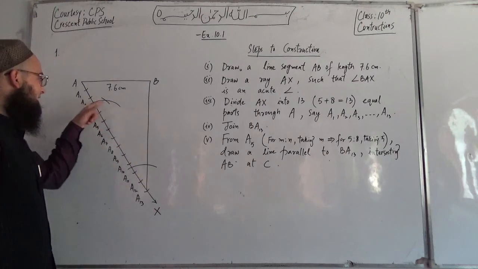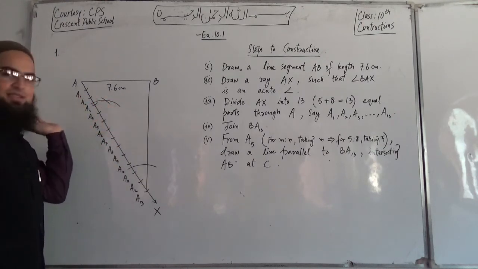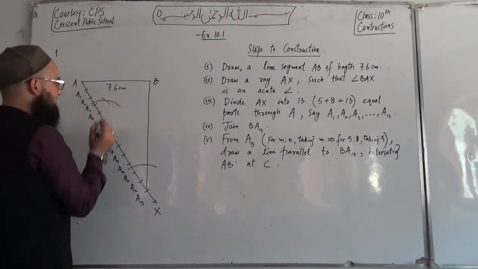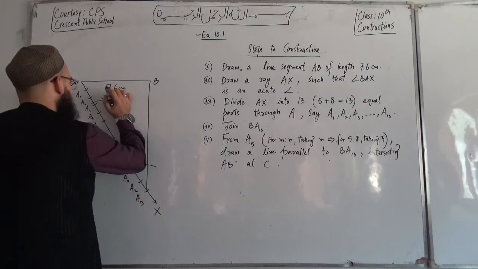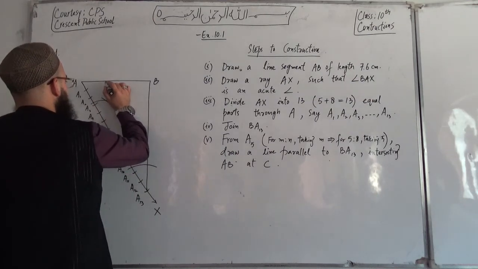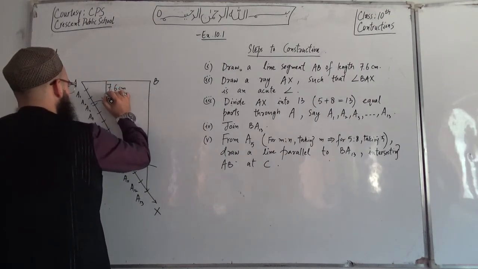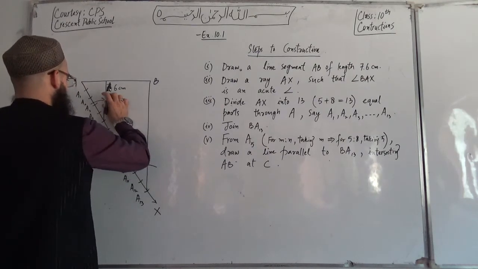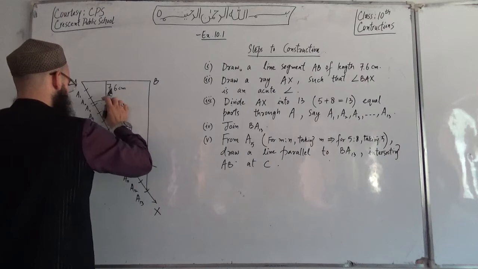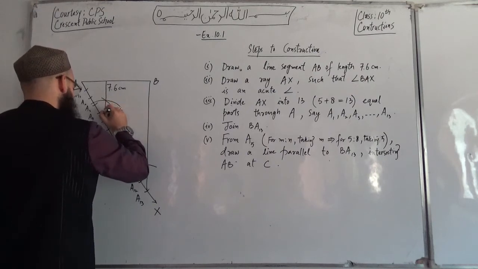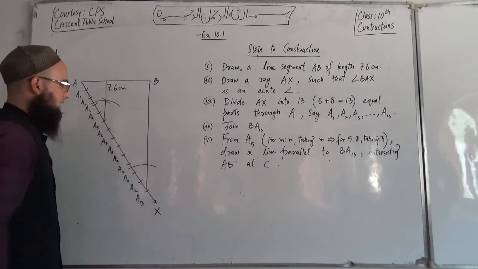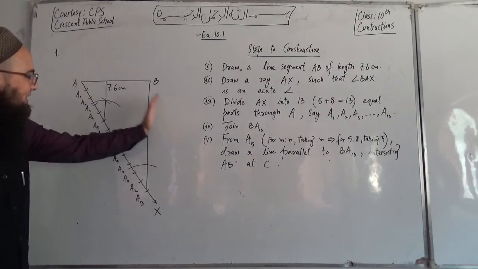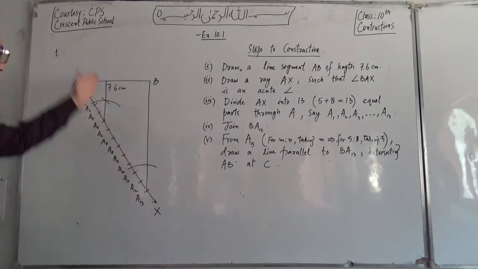Draw another arc intersecting the previous arc at some other point. Then join A5 and this point, just like this.